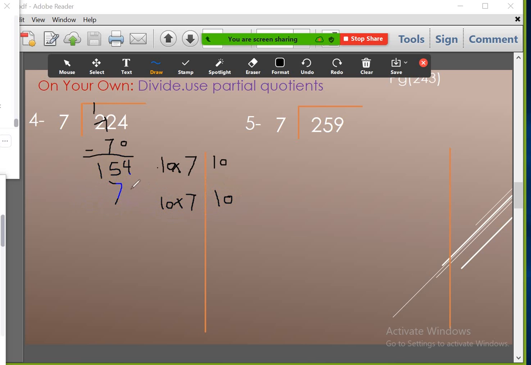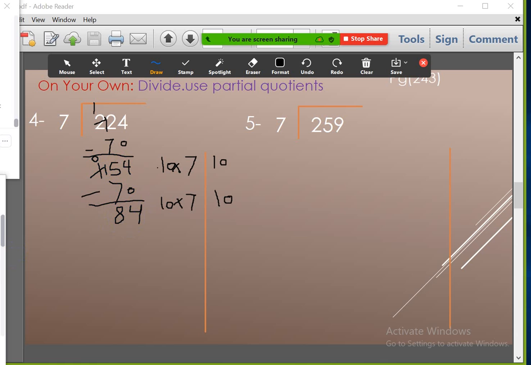Now let's subtract 70 from 154. 4 minus 0 equals 4. Now 5 minus 7. We will borrow from 1. It will be 0 and 5 will be 15. 15 minus 7 equals 8. Your answer is correct.